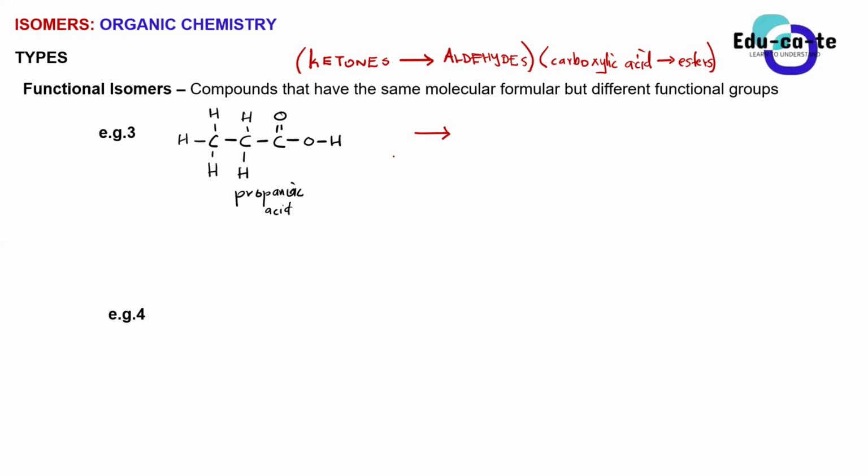So in other words, my question is trying to say, make an ester that would have the same number of carbons, hydrogens, and oxygens as propanoic acid. Because propanoic acid has 3 carbons, 6 hydrogens and 2 oxygens. Make an ester like that with the same number of carbons.